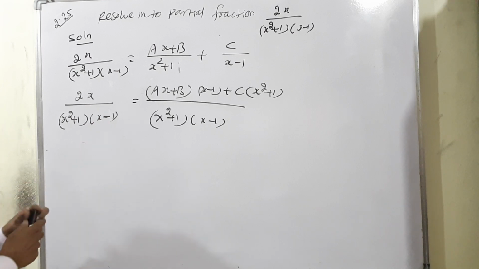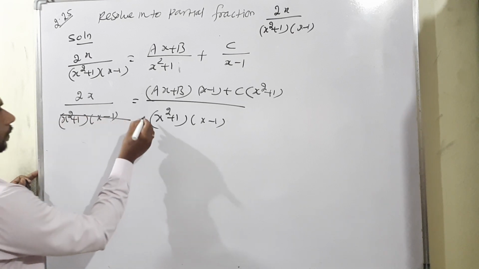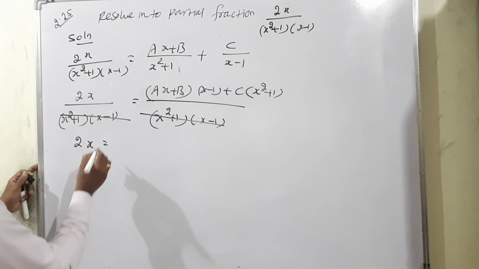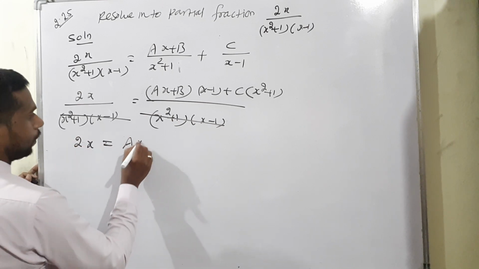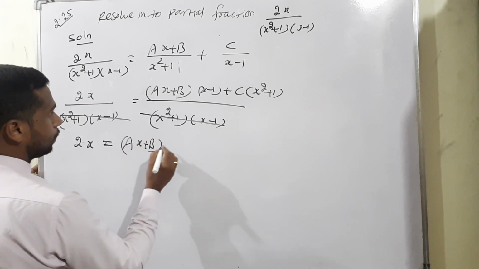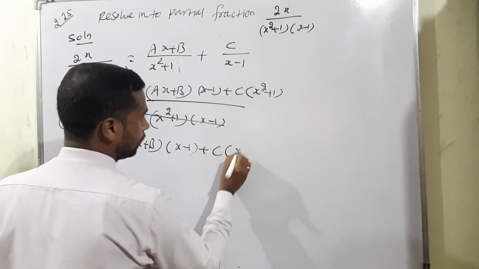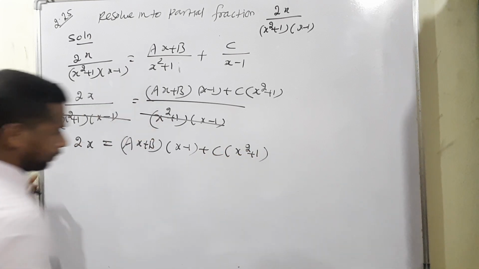Now this will be cancelled, isn't it? So what is the term balance? 2x is equal to ax plus b into x minus 1 plus c into x square plus 1.